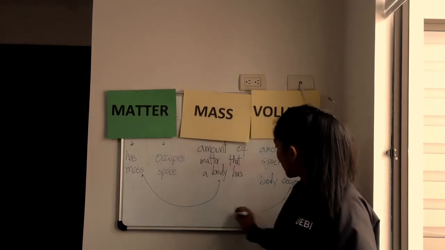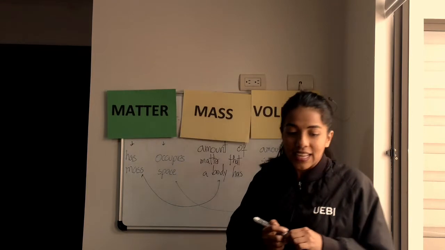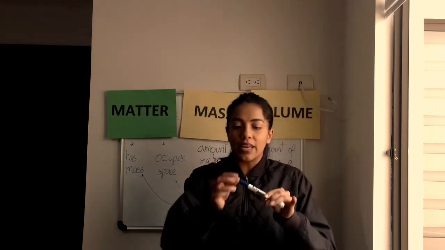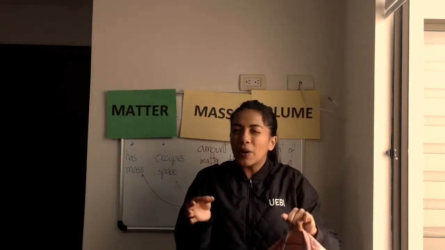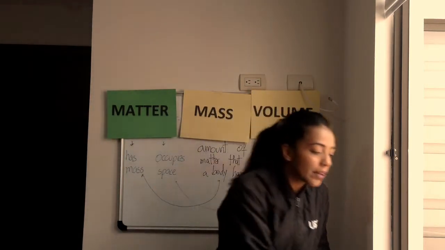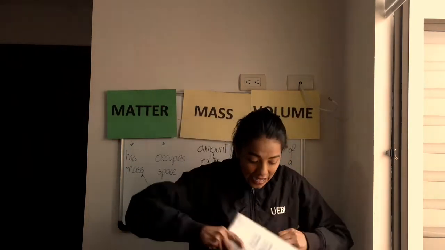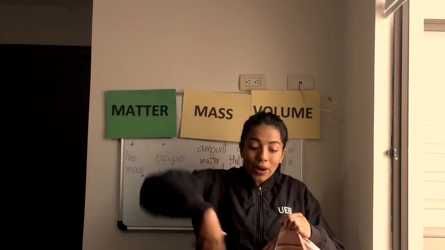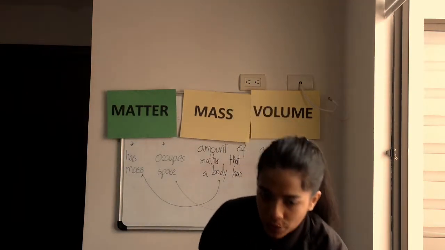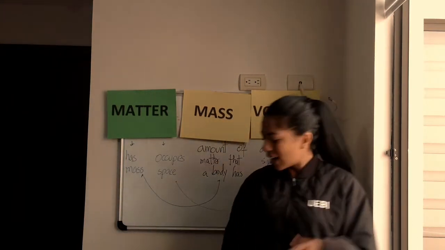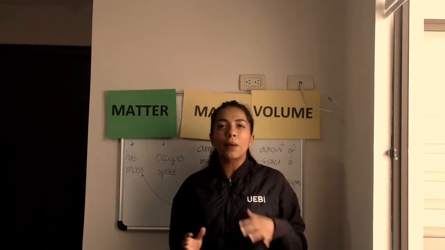This is related to this. Example, if I have, again, my marker and I put it inside my backpack, it's going to occupy space but not a lot. But if I put my book inside my backpack, it's going to occupy more space because it has more volume.